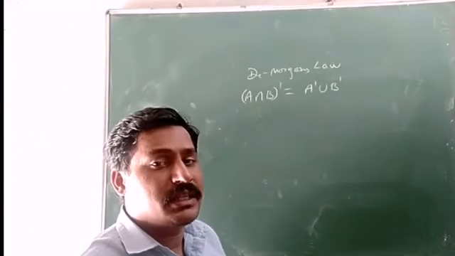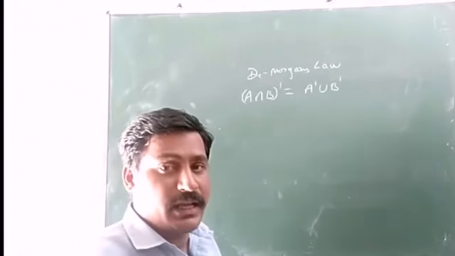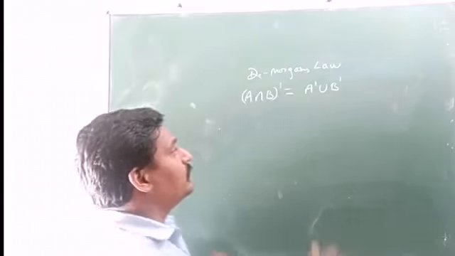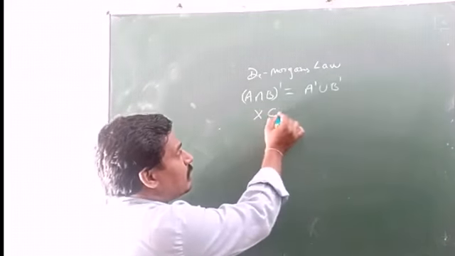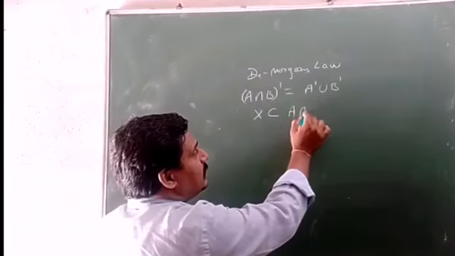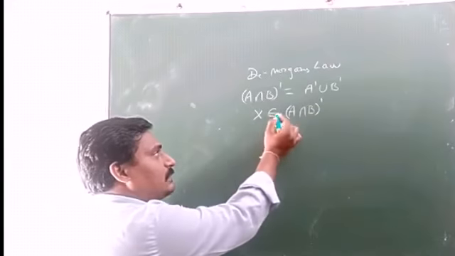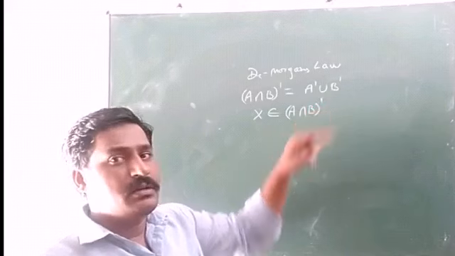Now take the same approach here. X is any value which belongs to (A intersection B)'. So assume that X belongs to (A intersection B)'.